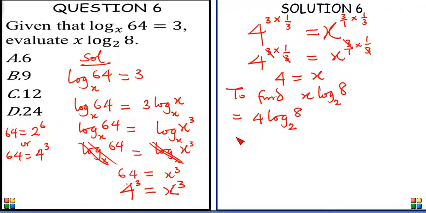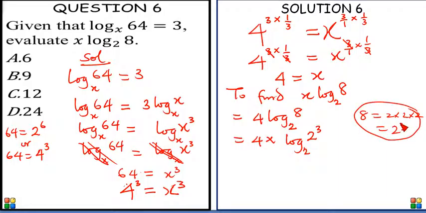And this is simply 4 times log 2 raised to power 3 base 2. Because 8 is actually 2 times 2 times 2, which eventually is 2 raised to power 3. So I got my 8 to be 2 raised to power 3. 8 is equal to 2 raised to power 3.